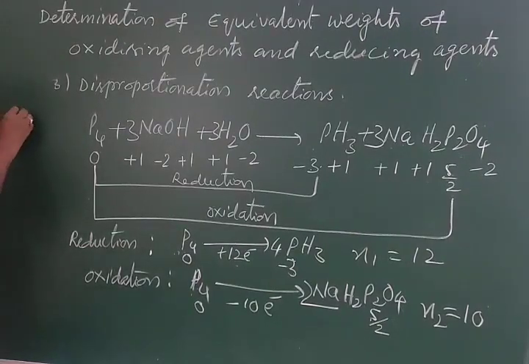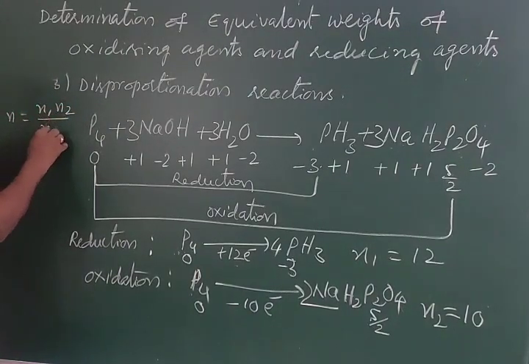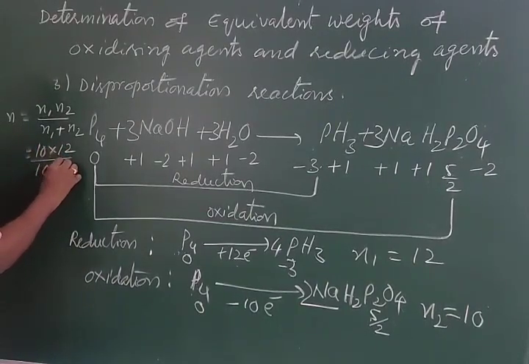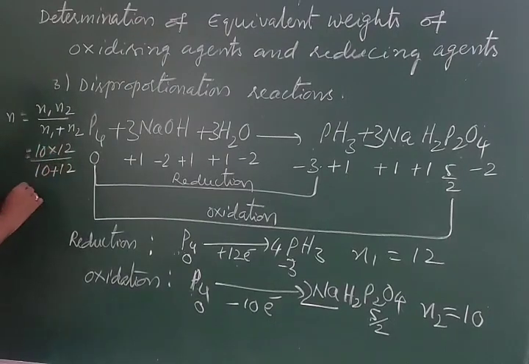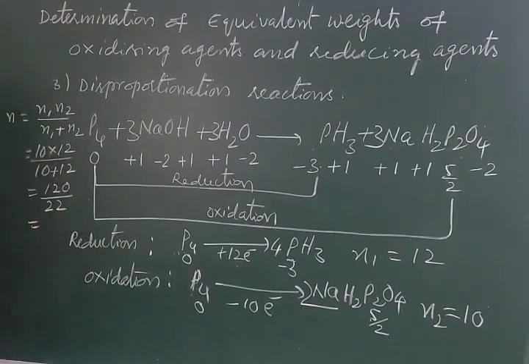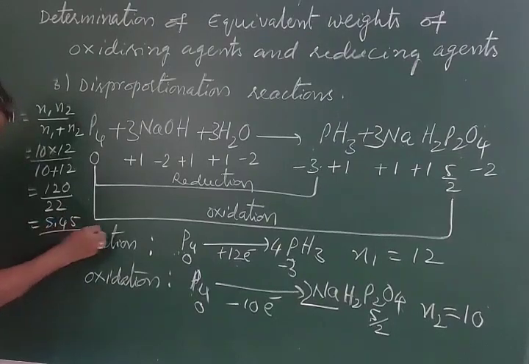Now, N, that is the N factor of the total reaction, is N1 N2 by N1 plus N2, that is 10 into 12 by 10 plus 12, 120 by 22. 120 by 22 is equal to how much? 5.45.